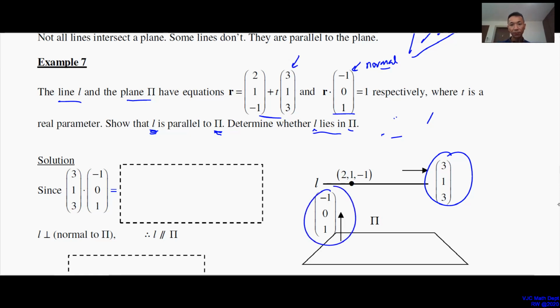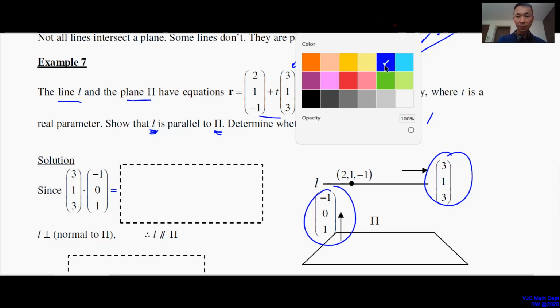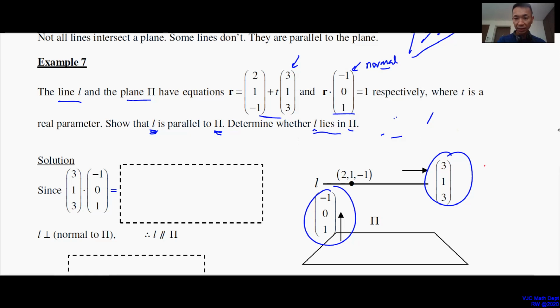If I can prove that the direction vector of the line is perpendicular to the normal, then for sure the line and the plane are parallel.